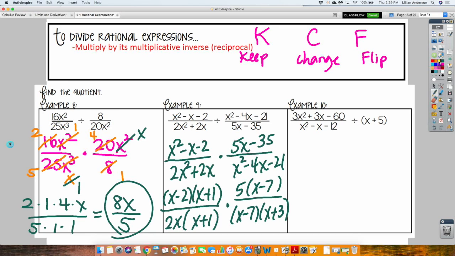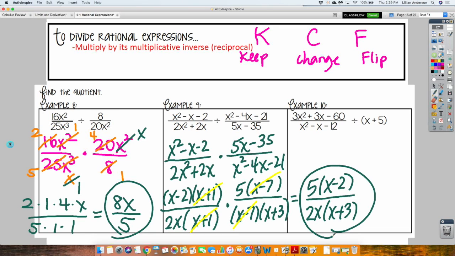Sometimes it won't be nice and neat, but these are nice. What can I cancel out? x minus 7, x plus 1. Don't ever forget about these constants on the outside. If those can reduce, you want to, but these don't. So I'm left with 5 times x minus 2 on the top, and then 2x times x plus 3 on the bottom.